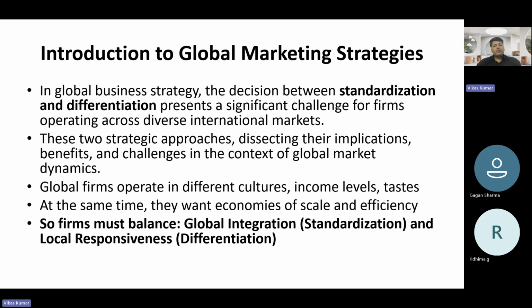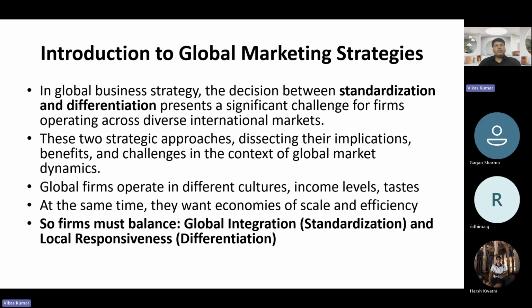We will look at these two strategic approaches, their implications, their benefits, and specifically the challenges in the context of global market dynamics. There are some positive points, some negative points, some advantages and disadvantages with respect to these two strategies.